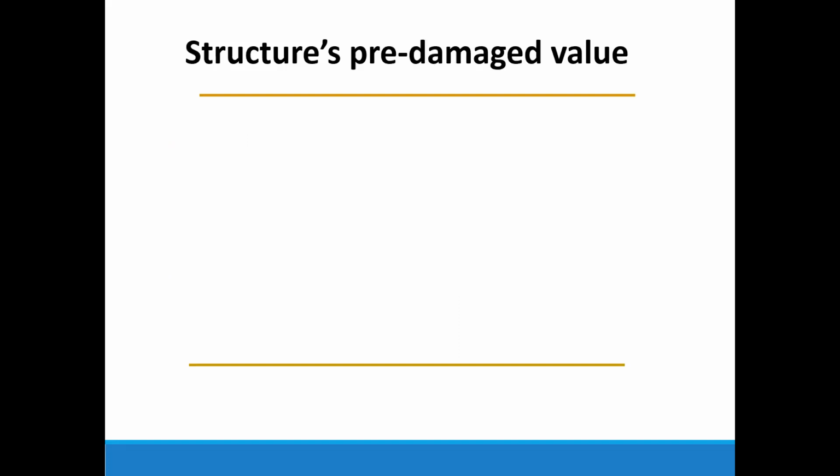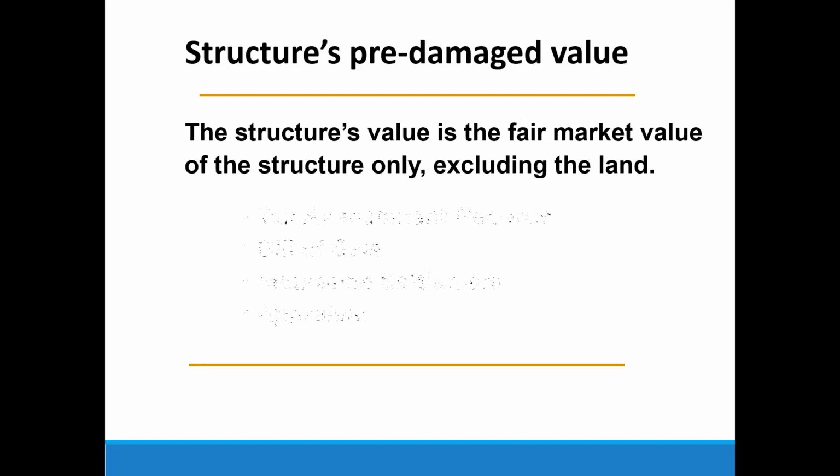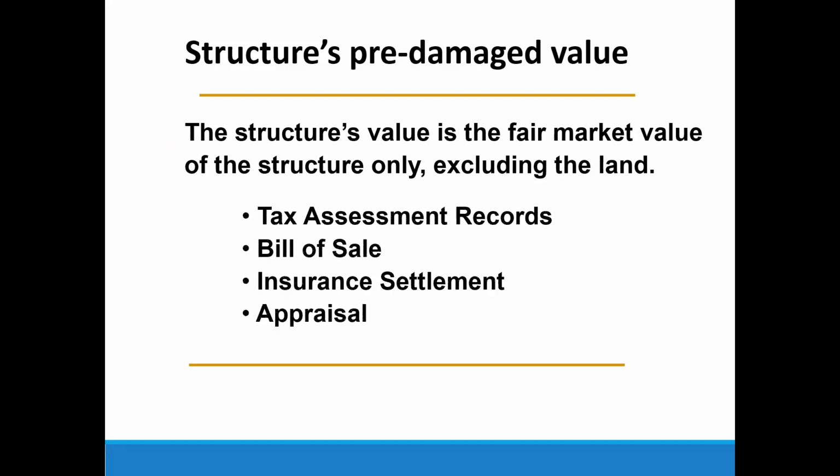The structure's pre-damage value, the fair market value, is the amount that two free people would agree to, but neither of them is required to agree to the sale. So that's typically how market value is defined.